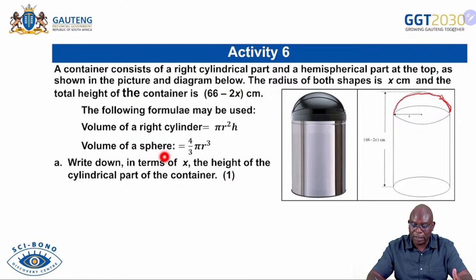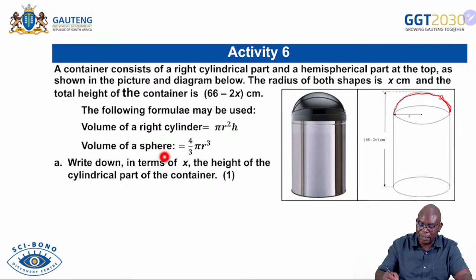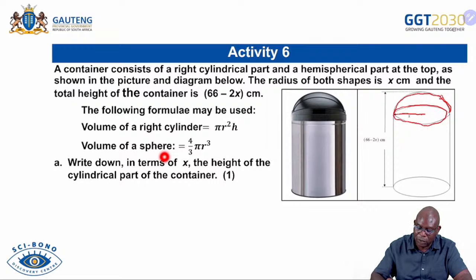As shown in the diagram below, the radius of both the shapes is x. So we have the radius as x. Remember this part here, it's part of the cylinder. Now, the total height of the container, from the top to the bottom, is 66 minus 2x.